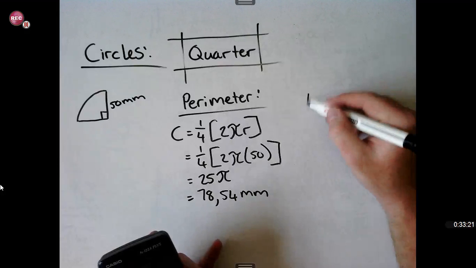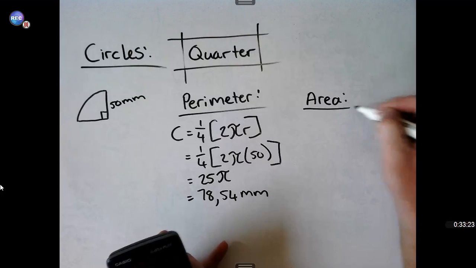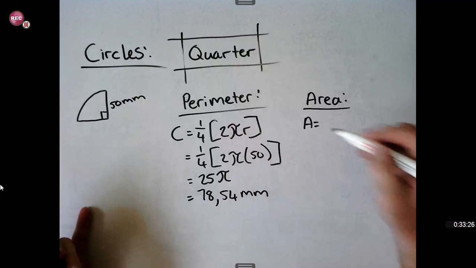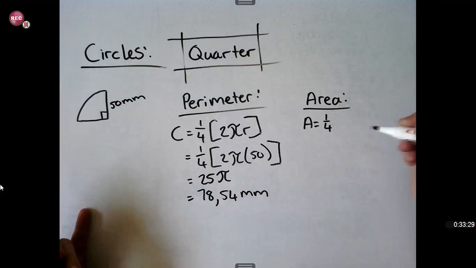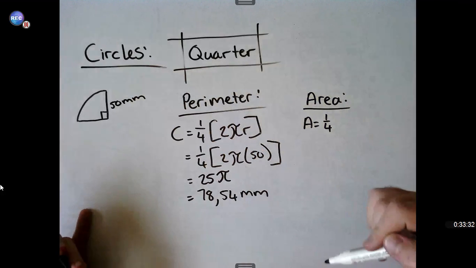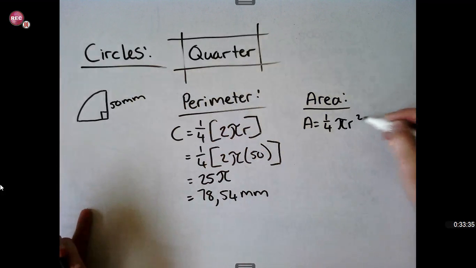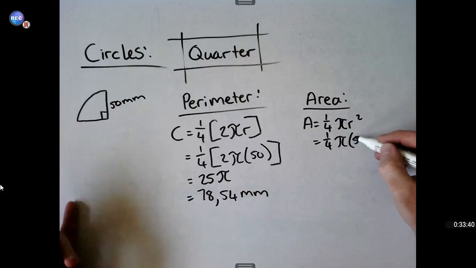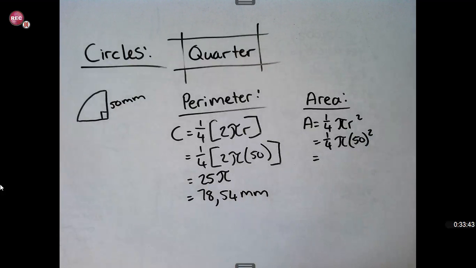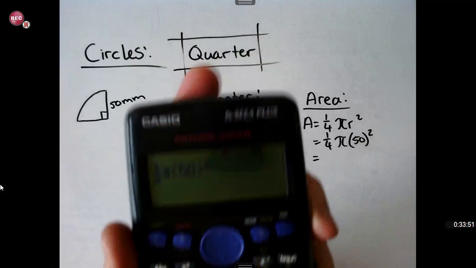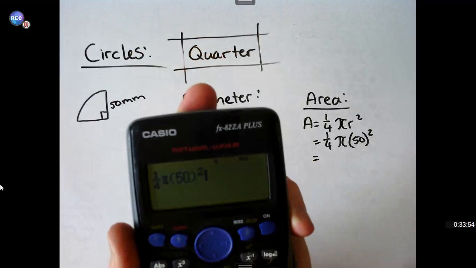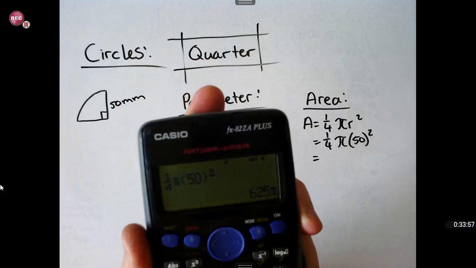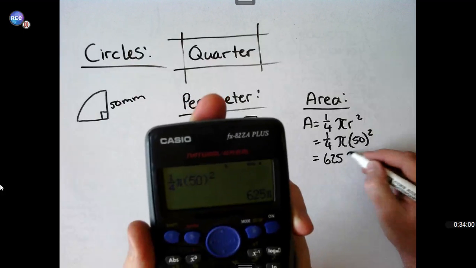For the area, exactly the same as what we did with the semicircle, but yet again, instead of putting a half, we're going to put a quarter, because you're only working with a quarter of a circle. Pi times radius squared. So it's a quarter pi, radius would be 50, and then square. So when we go and put in everything, we should have a quarter, shift pi, open bracket 50 to the power of 2. So it should look like that after you've put it in to the calculator. You press the equal sign, it gives me 625 pi.